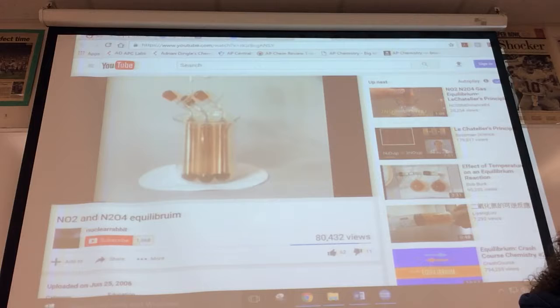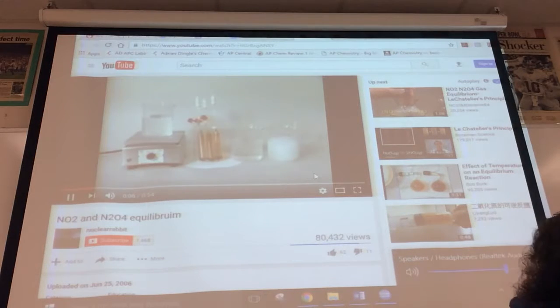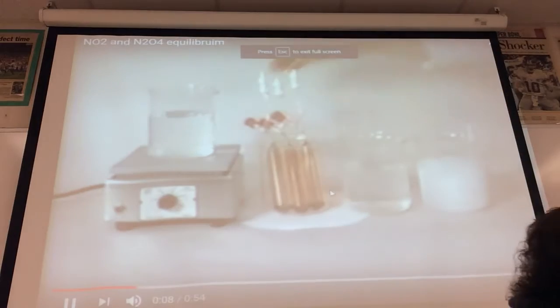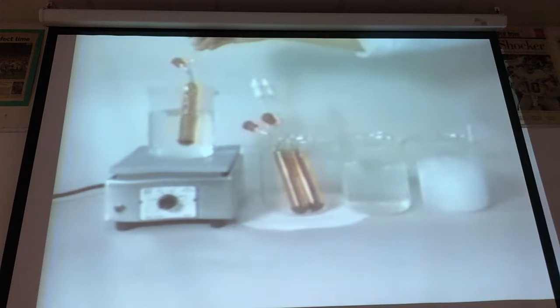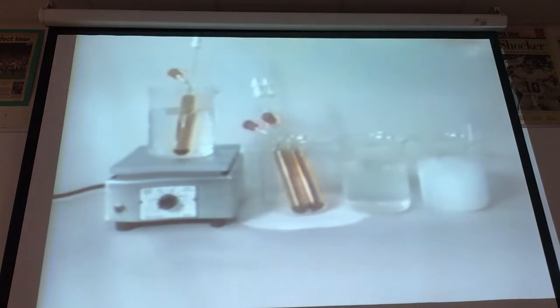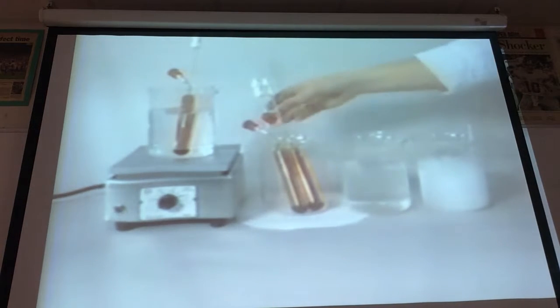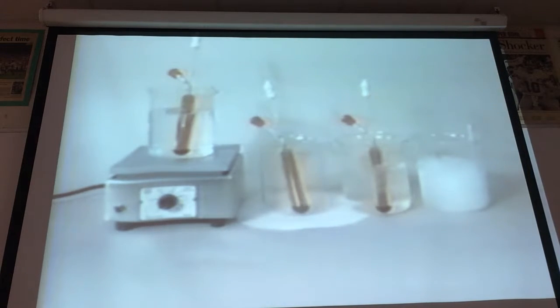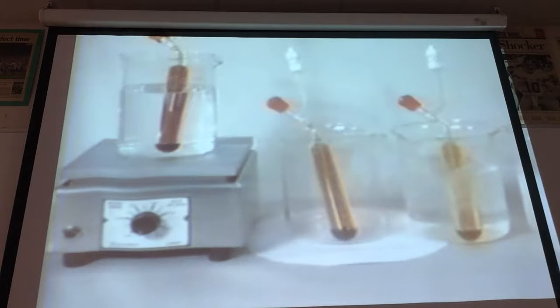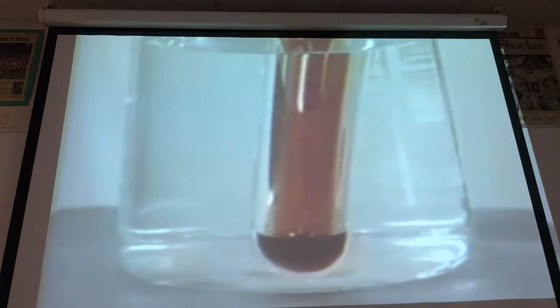We start this experiment with 3 tubes containing red-brown NO2 and colorless N2O4 in equilibrium. First, one tube is placed in hot water. A second tube is placed in cold ice water. After a few moments, we note that the tube in hot water has darkened in color.